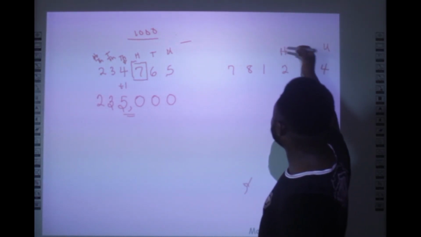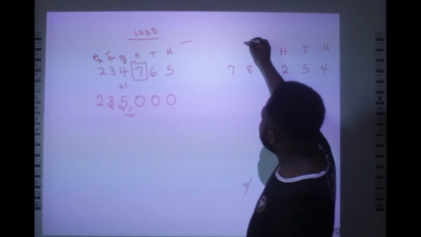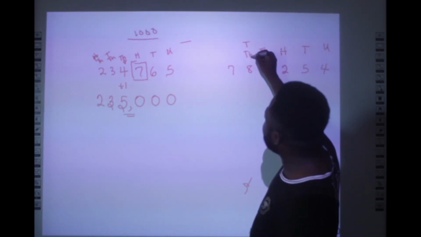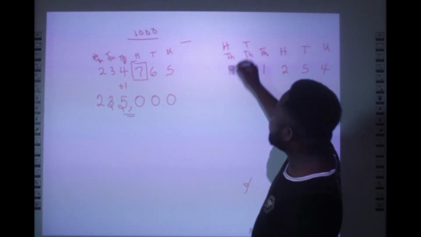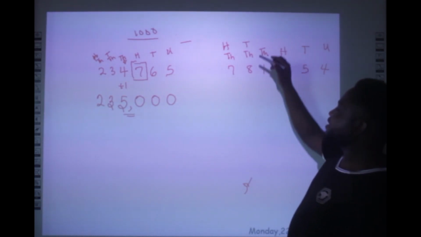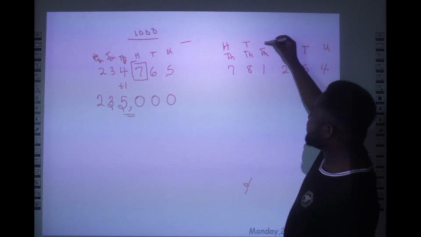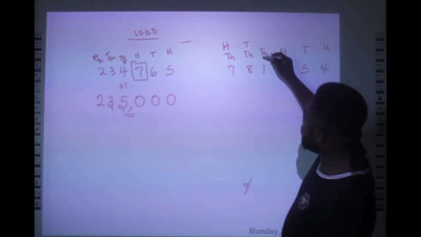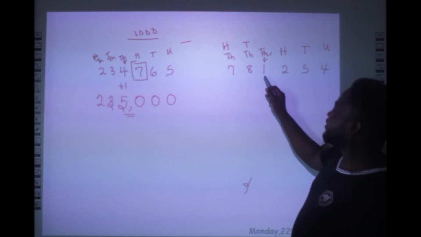This is 100. This is 1,000. This is 10 of 1,000. This is 100 of 1,000. Can you see that? Since it's to the nearest 1,000, where do you have 1,000 here? This is 1,000. So this is the target digit.